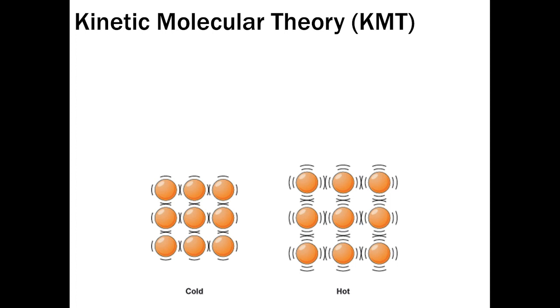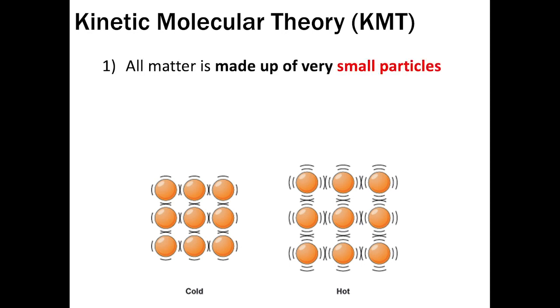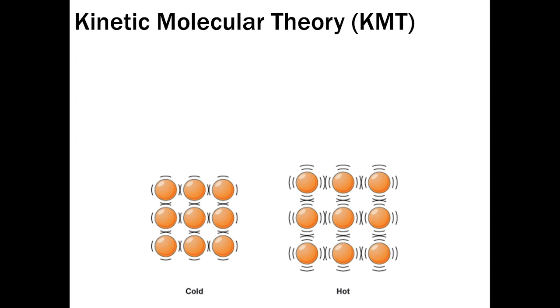The main thing we're going to talk about today is kinetic molecular theory. The idea of kinetic molecular theory is that a bunch of scientists made some observations about matter, and they created a theory about how matter behaved at different temperatures. The main idea here is that this is a theory.